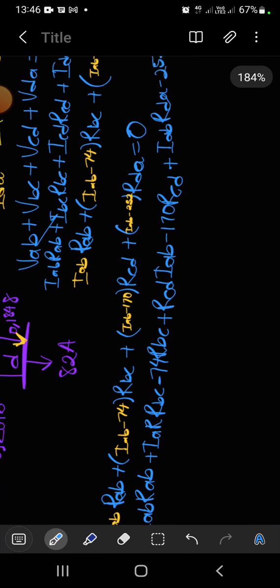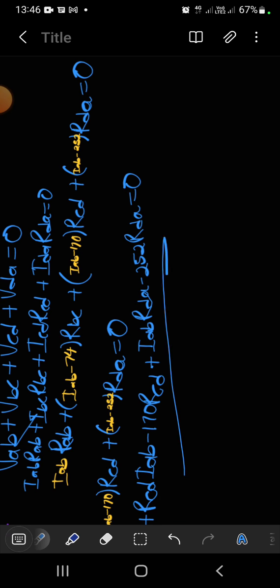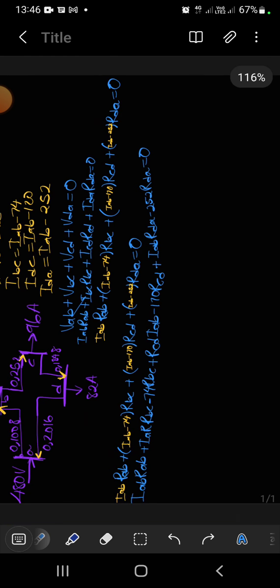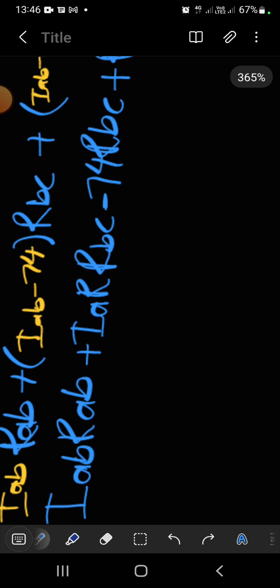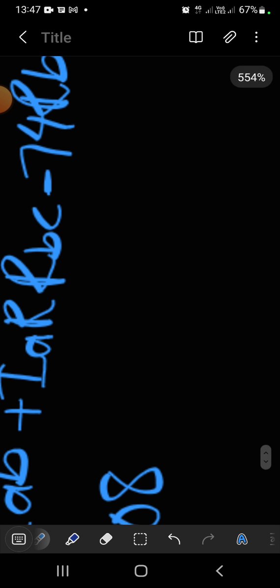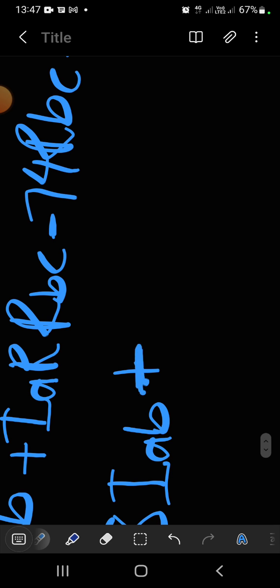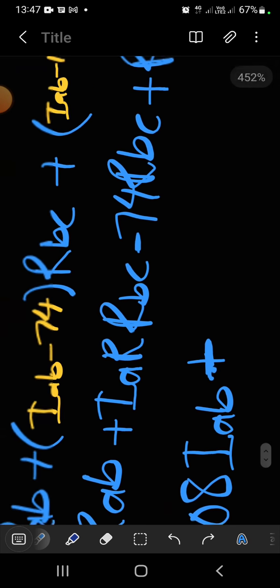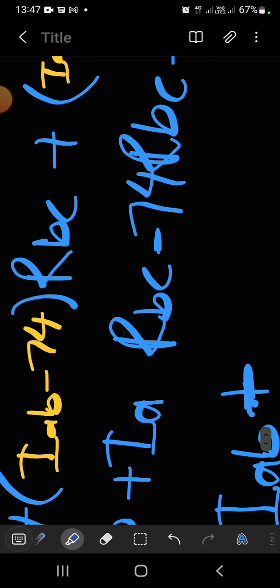Breaking down the bracket led me to this expression here. Good. So again, I'm gonna break the brackets and now substitute the resistances. For our RAB is 0.1008, and then we don't have IAB plus, what is this? What's happening here? That should be IAB. My god. Oh no.